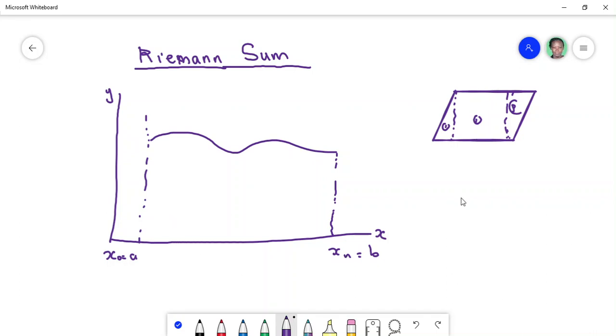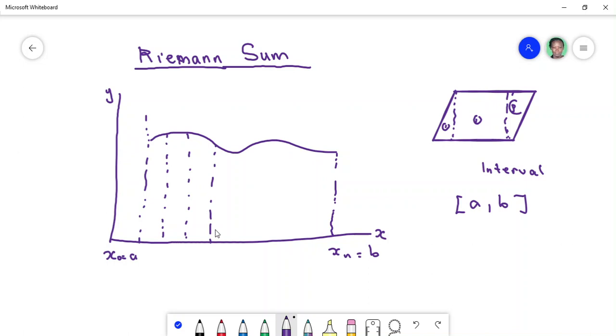So my interval is from what? A to b. This is the interval. Okay, so with this interval, we can partition. So we want to partition in such a way that we can find the area for the defined shape you have.